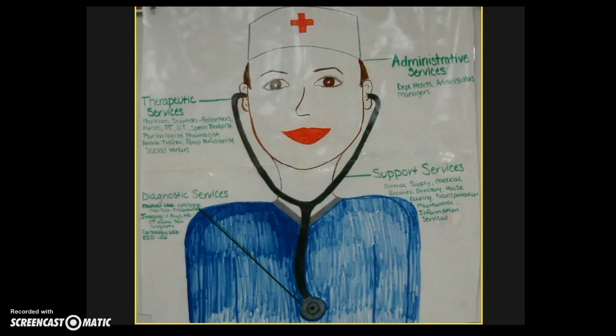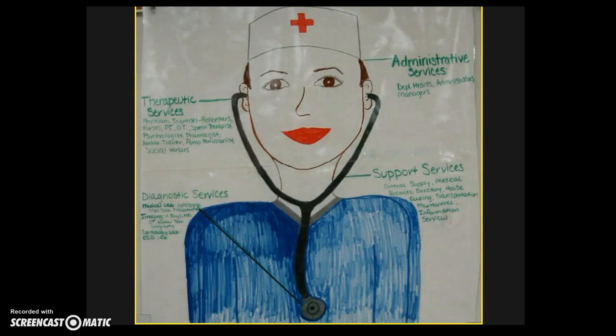The earpiece, therapeutic services, hears, interprets, and decides course of treatment. Then the tubing, that was the support services, support structure of the stethoscope, that supports all of the hospital departments. The head, that represented the administrative services, they run everything, kind of the business, thinking about what's going on, planning. That's what the administrative services does.